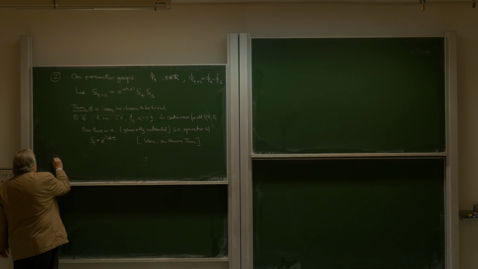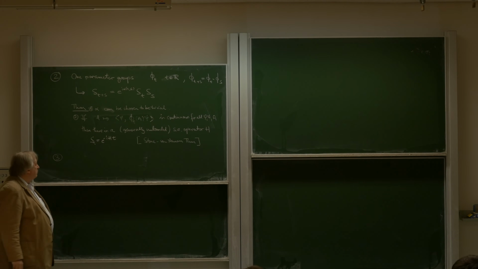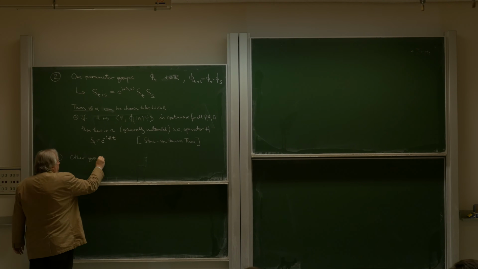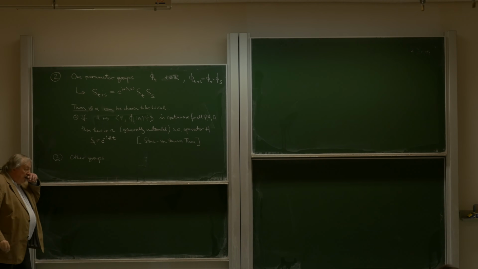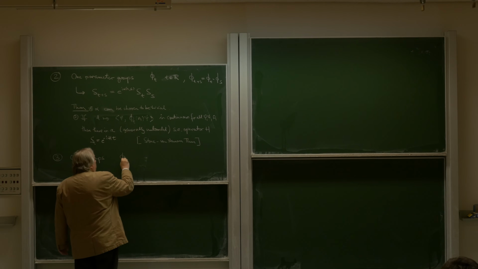Okay, so let us go on with the examples here. Other groups. Let's say G is the name of the group, and then you have a map.